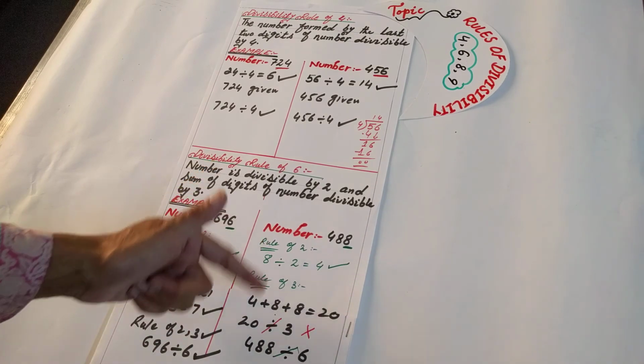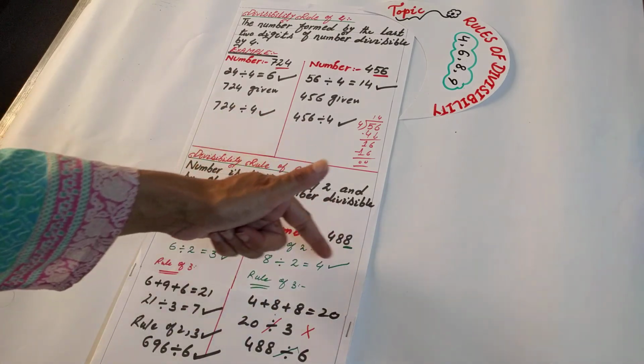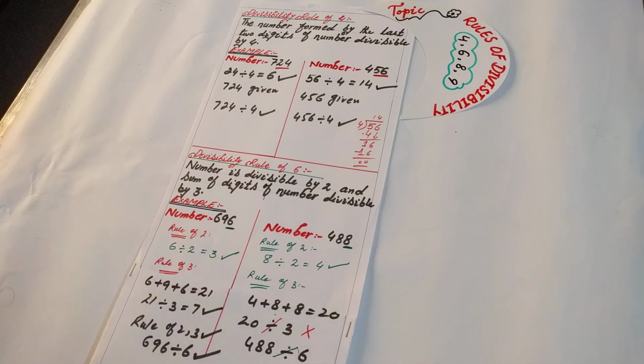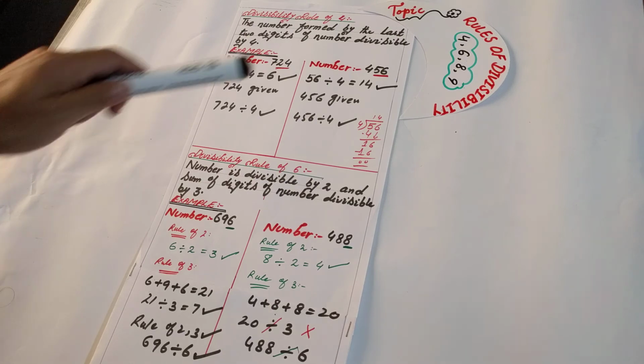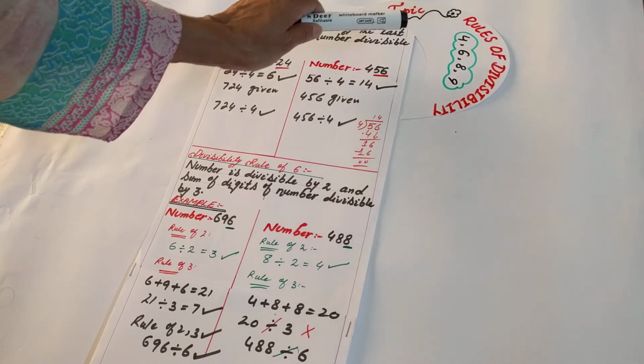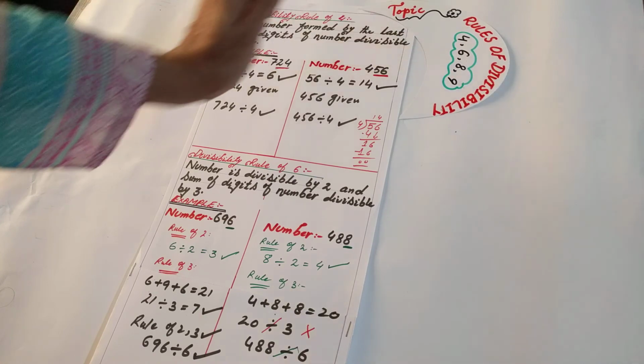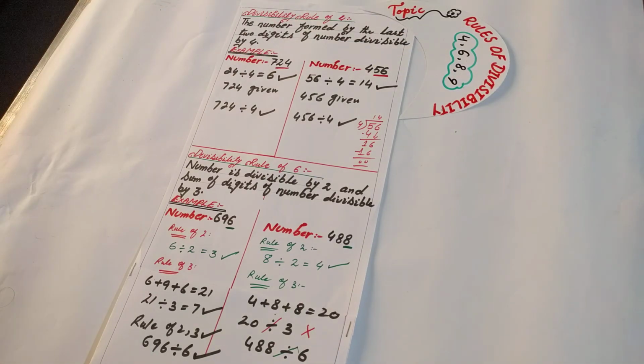It means if any one of the conditions is not satisfied, then the whole number will not be divisible by 6. I hope you have learned this topic. In this lecture we have done the rules of 4 and 6. Inshallah, in the next lecture we will start the divisibility rules of 8 and 9. We will continue the same topic in the next lecture.